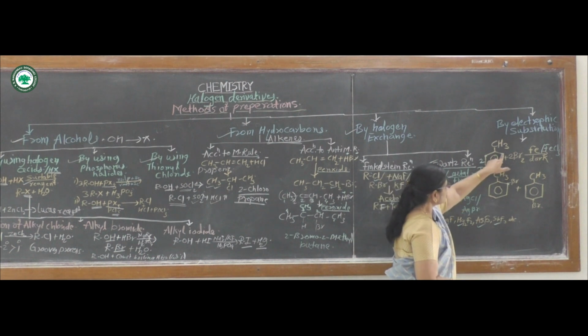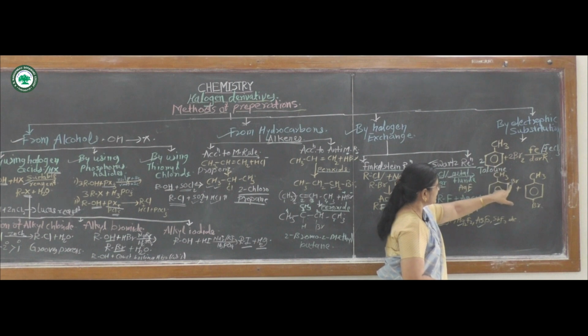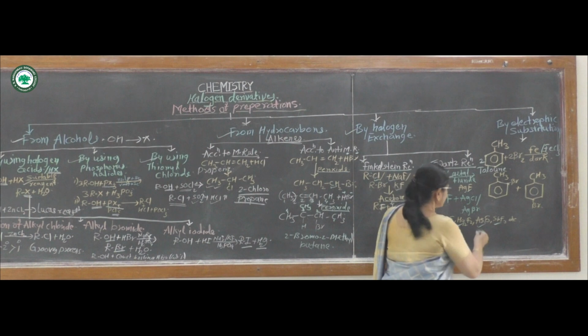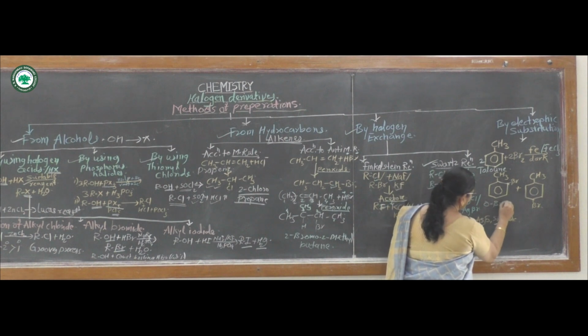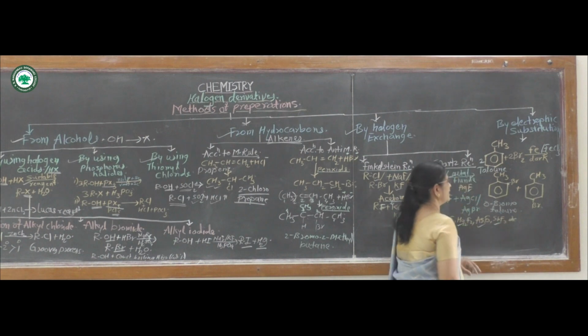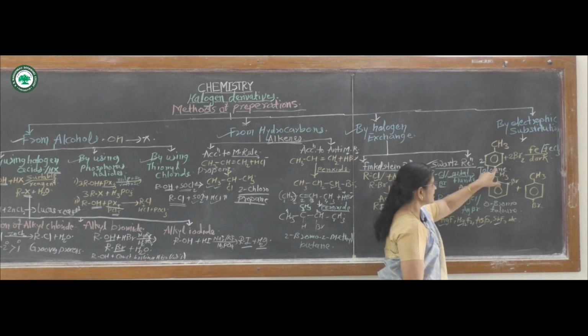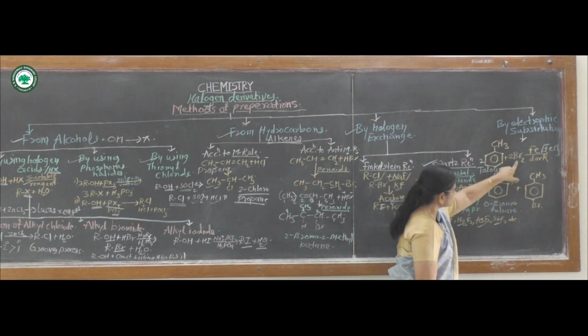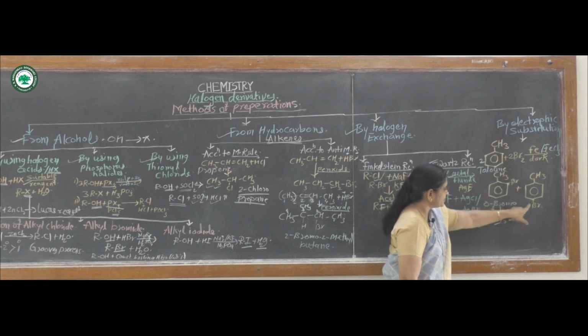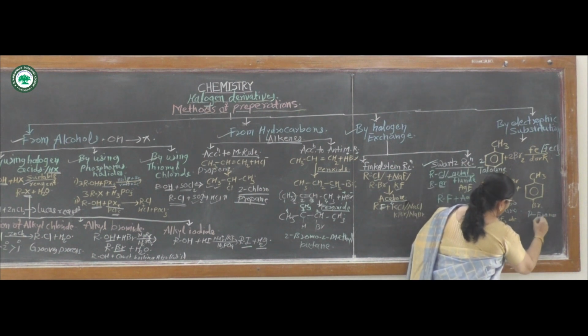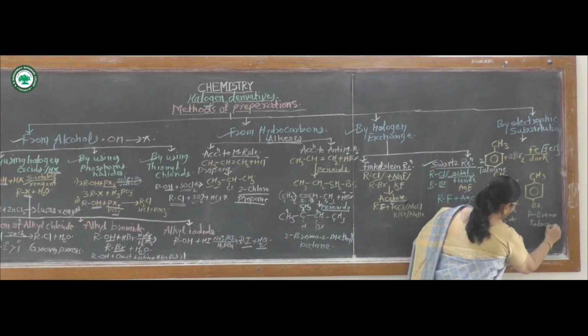Then suppose at the ortho position, this hydrogen atom gets replaced by bromine. Then it gives a product that is called ortho-bromotoluene. Then in the second reaction, the hydrogen atom from the para position gets substituted by one of these bromine atoms, and it gives para-bromotoluene.